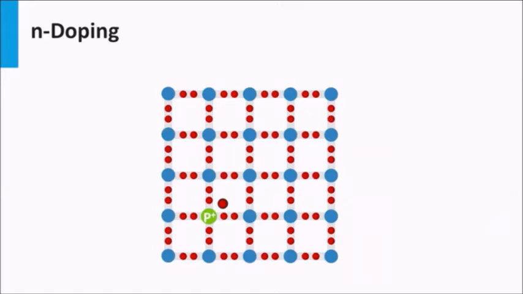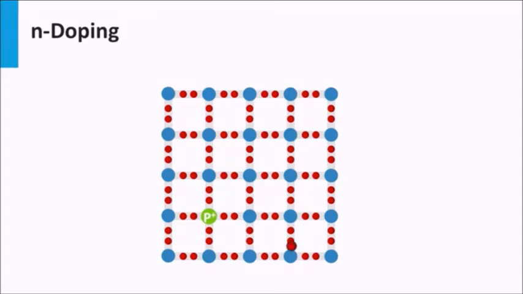First, we are going to intentionally put phosphorus impurities in the silicon network. Phosphorus has 5 valence electrons. The phosphorus atoms will make molecular bonds with its 4 neighboring silicon atoms. Since the phosphorus atom has 5 valence electrons, it has 1 electron left. This extra electron is easily excited to a free mobile state.